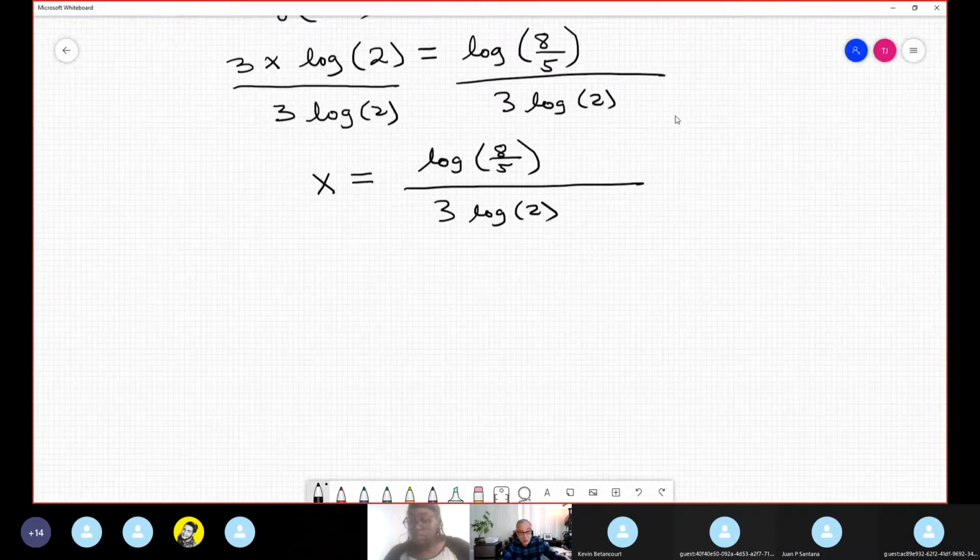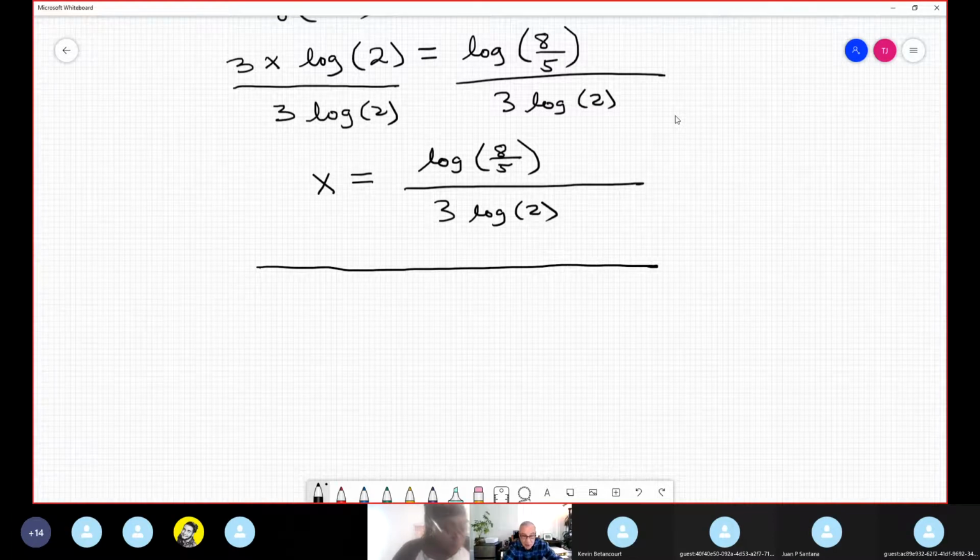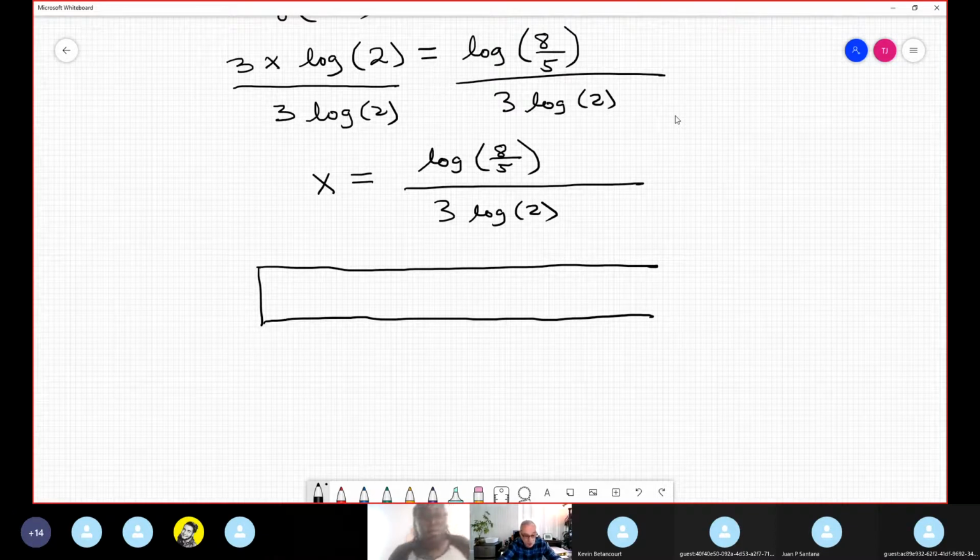So let me explain how you put this in the display of the calculator. Pay attention. You clear the display. You put log, for example, log. So you put 8 over 5 and close the parenthesis because this logarithm at the top finishes.